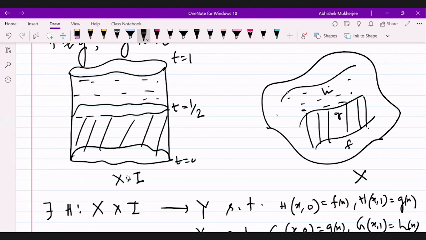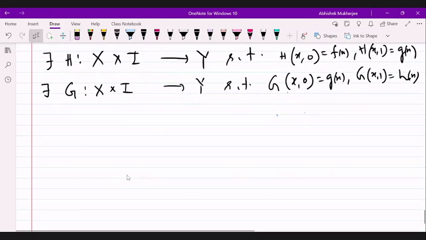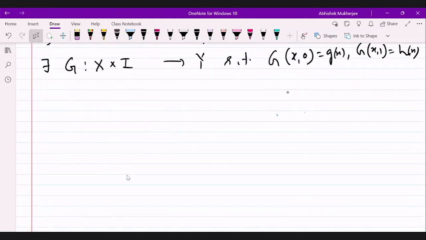Just by using the pasting lemma, you can always construct this kind of map by making a partition of the closed interval 0, 1 into two equal parts. This is a common technique that we will adopt in future also.